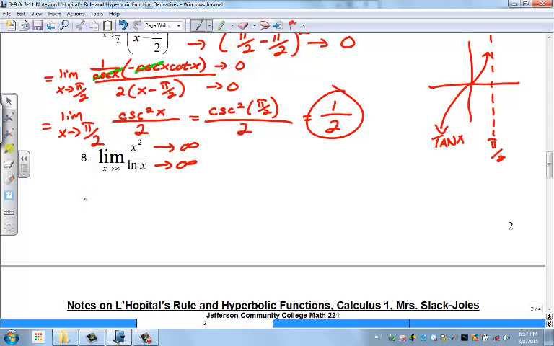So let's go ahead and take the derivative of the top and the bottom. If I take the derivative of the top, I get 2x. If I take the derivative of the bottom, I get 1 over x. Of course, I want to simplify that, so I'm going to just go ahead and multiply top and bottom by x.